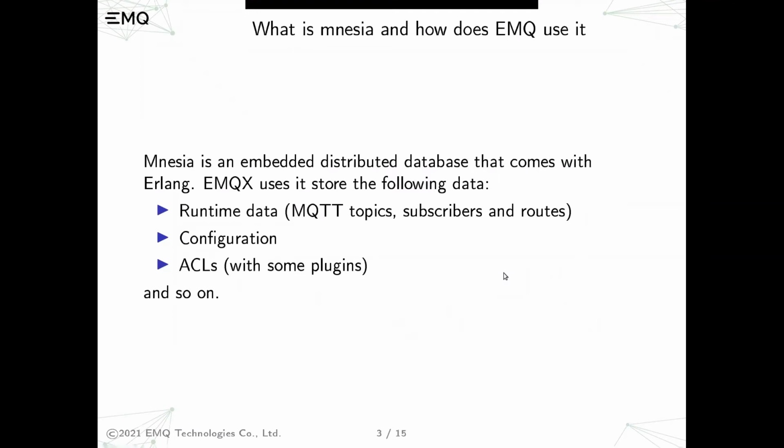So what is Mnesia and how does EMQ use it? Mnesia is an embedded distributed database that comes with Erlang distribution. EMQX uses it to store the following data: runtime data about MQTT topics, subscribers and routes, configuration, ACLs, and many more.